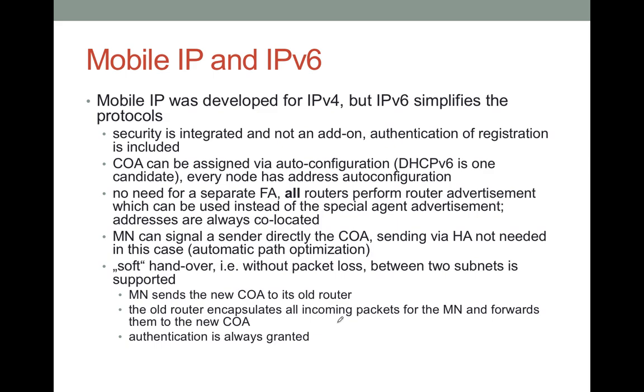The mobile node sends the new care of address to its old router. Then the old router encapsulates all the incoming packets for the mobile node and forwards them to the new care of address. Authentication is always granted. So basically, IPv6 is simpler compared to IPv4 in terms of supporting mobile IP. Right?